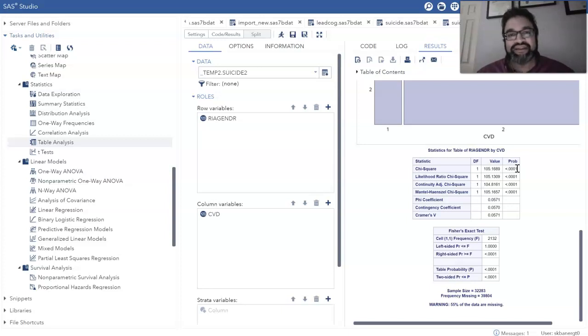Now, if you had less than about six or less than five in a certain category, which is not the case in our situation, but if it were to be the case, then you would use Fisher's exact test.